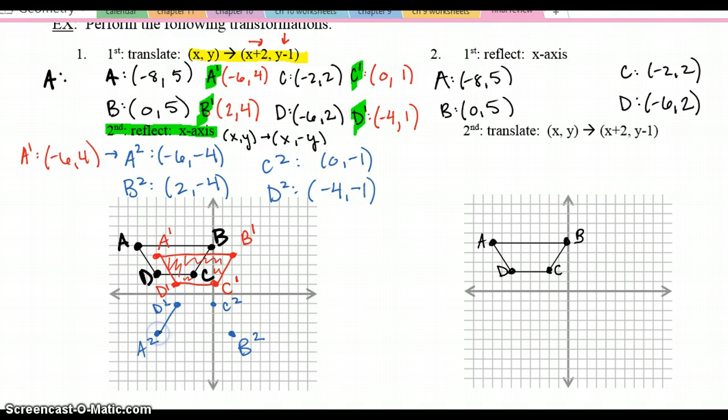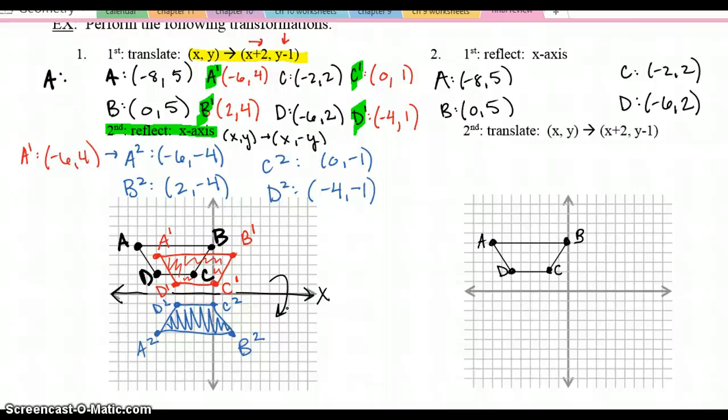So here is my now reflected image of my trapezoid. I've reflected it over the x-axis here. Alright, so we have just done a composition of transformations on this trapezoid.